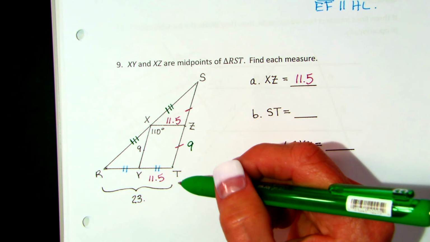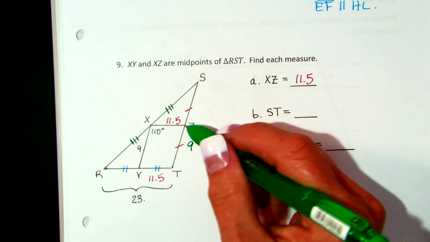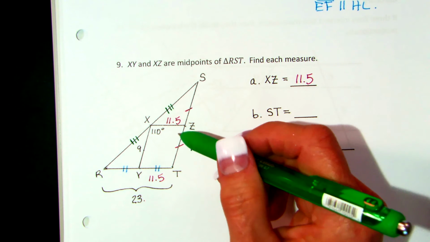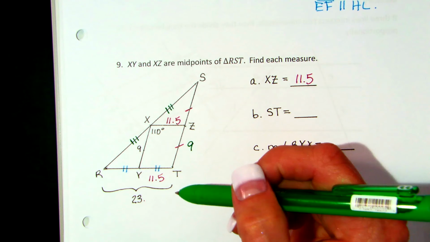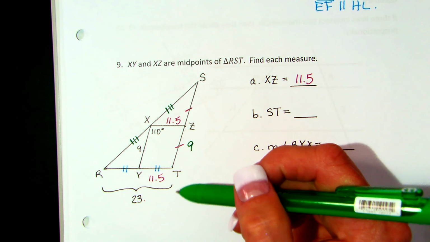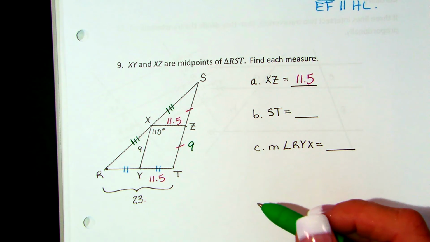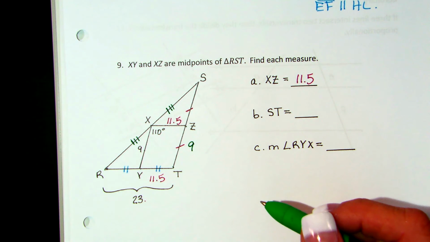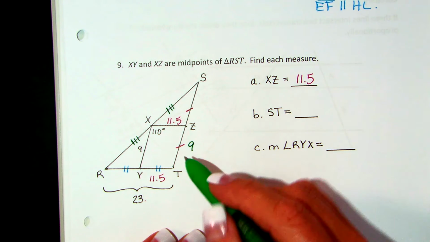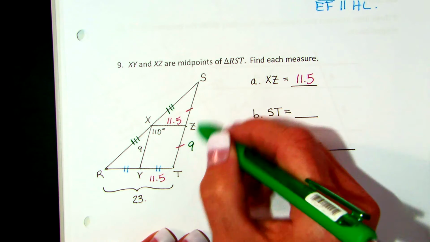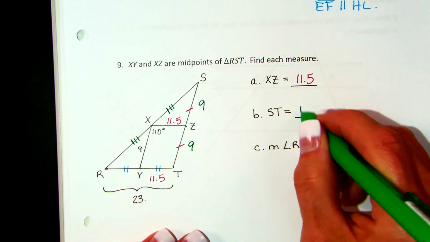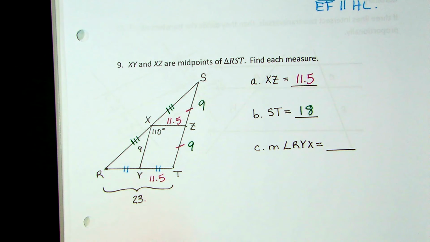We also know if they're midpoints, if you recall from chapter 4, that if these are midpoints, then we also know that this line is parallel to this line in the triangle. That goes back to the page 174, the very first thing that we talked about when I started the notes. So back to this. So this would be 9. So ST would be 9 plus 9, which is 18.